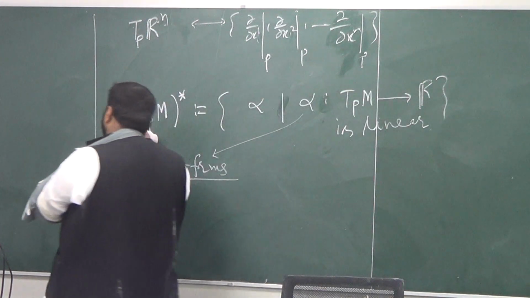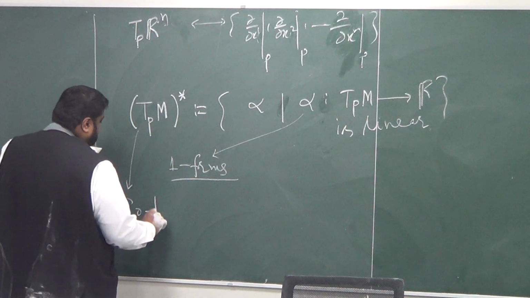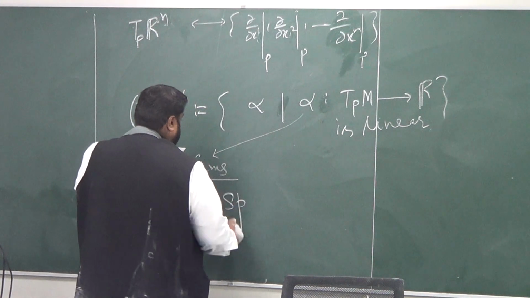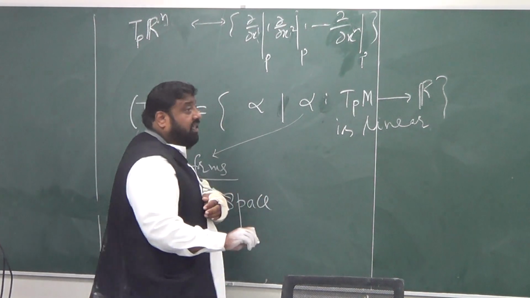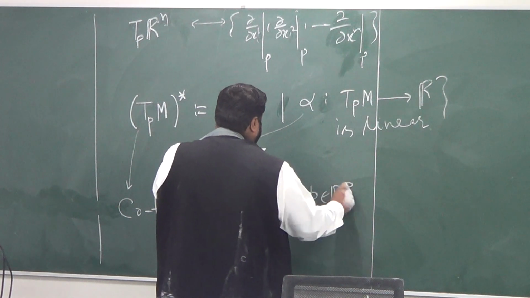We give this a particular name. We call this the cotangent space at a point P in R3.